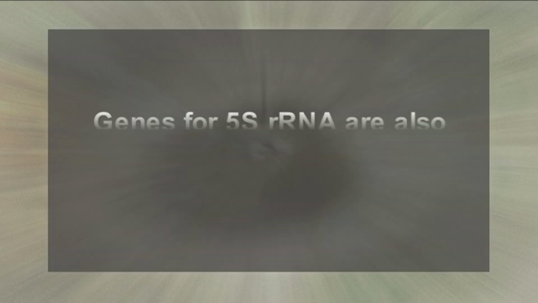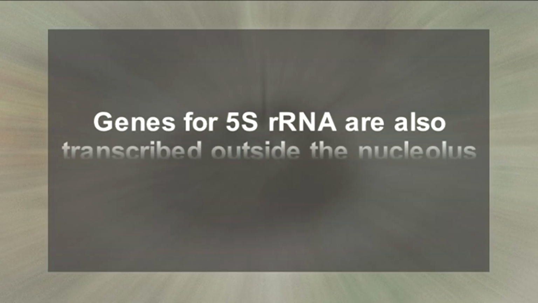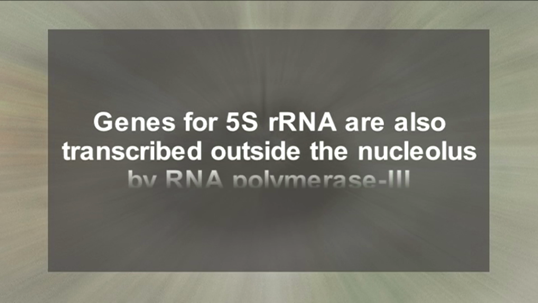Although the genes for 5S rRNA are also transcribed outside the nucleolus by RNA polymerase III, 5S rRNAs similarly are assembled into the pre-ribosomal particles within the nucleolus.